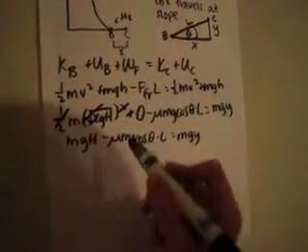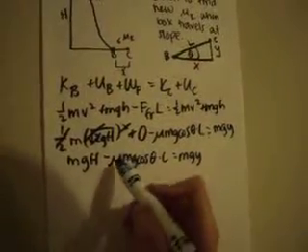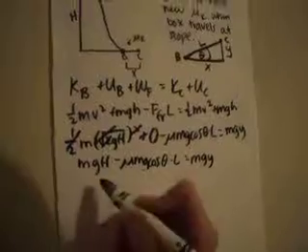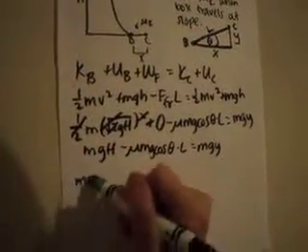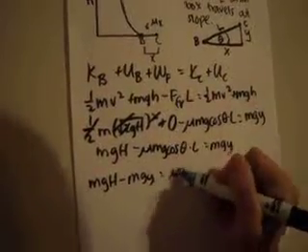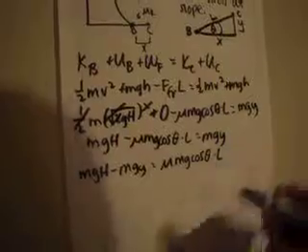So now we want to get mu by itself. So we're going to add this part of the equation to this side and subtract this part of the equation from that side. So it's going to be mgh minus mgy equals mu mg cosine theta times L.